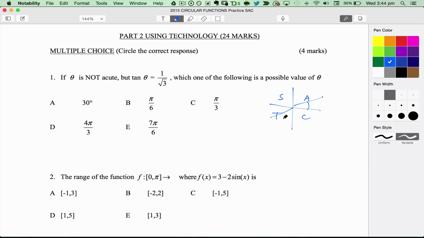We're looking for this angle here. Our reference angle, looking up 1 over root 3 in the table, is pi over 6. Theta here is pi plus pi over 6, which is 7 pi over 6.